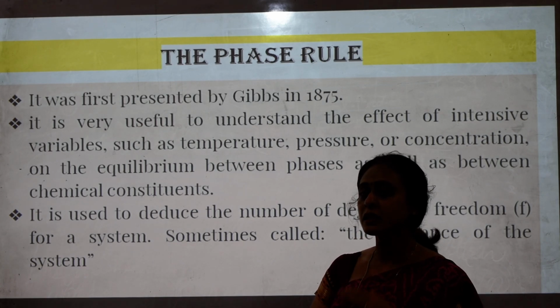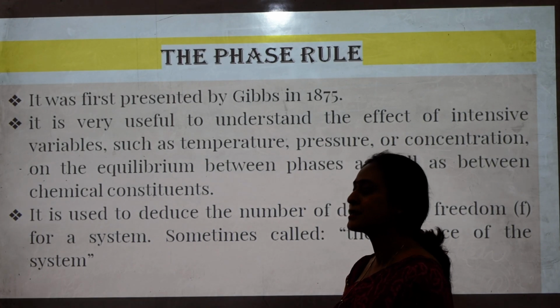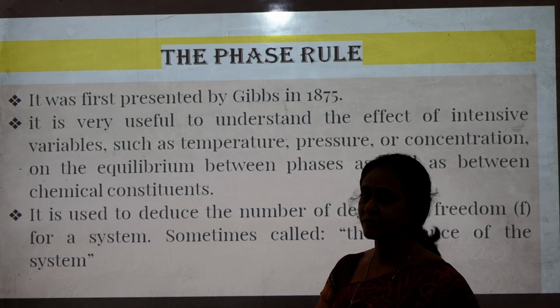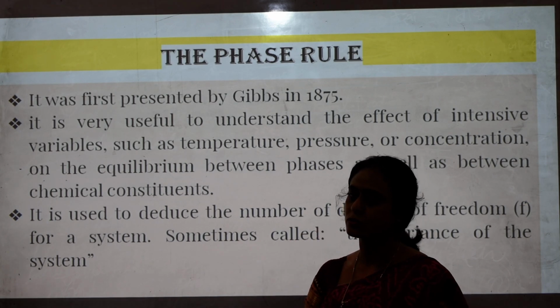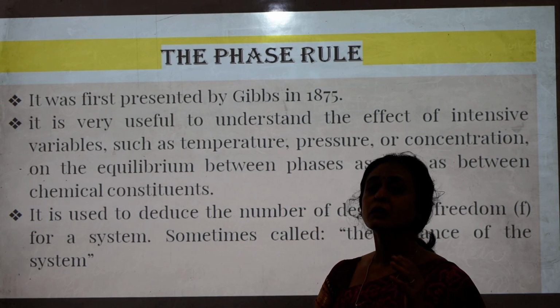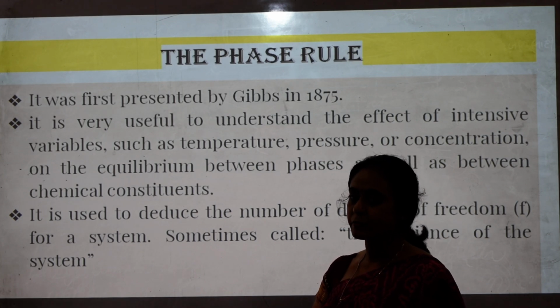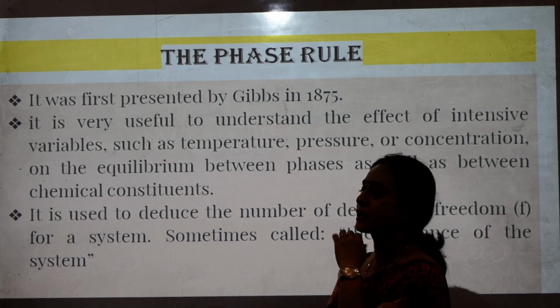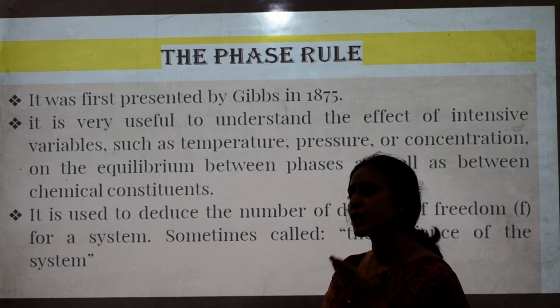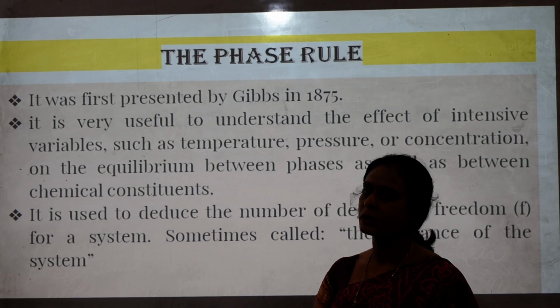But it is independent in the case of intensive properties or intensive variables. For example, temperature, pressure and concentration are not dependent upon the mass. For example, temperature is an intensive variable; whether we boil a glass of water or a bucket of water, the boiling point remains the same.